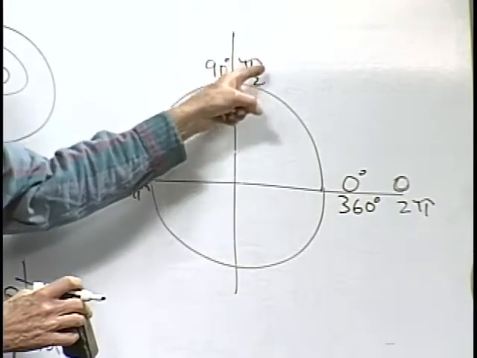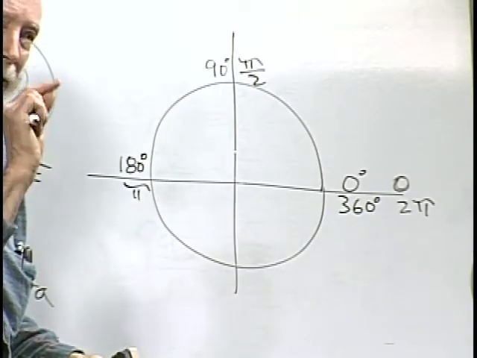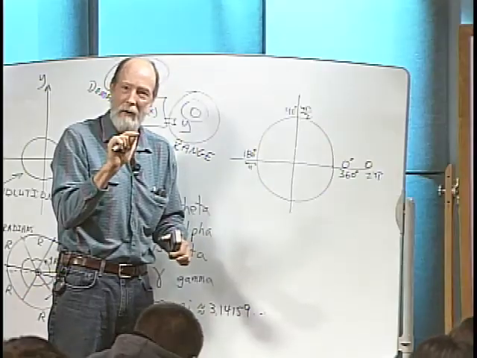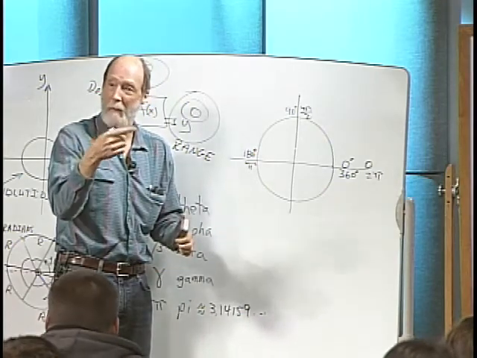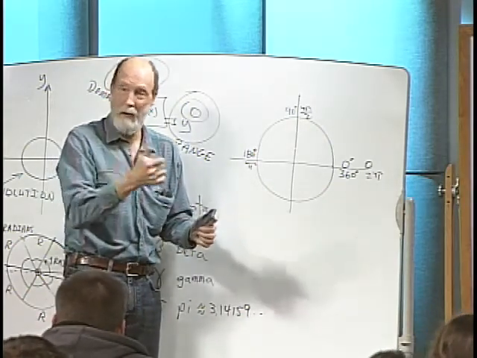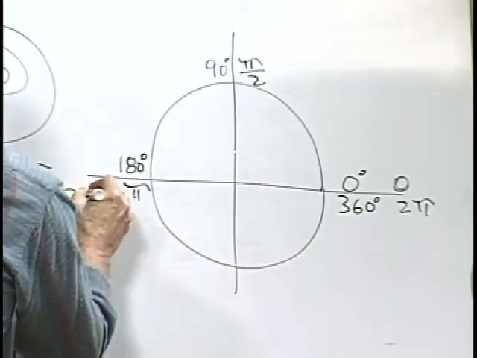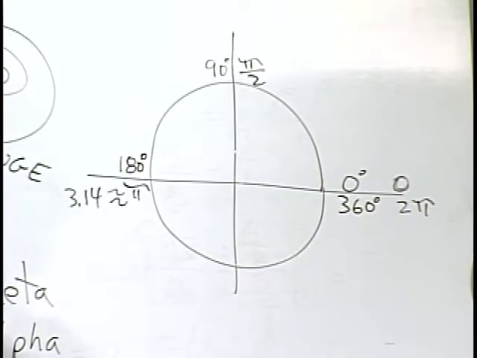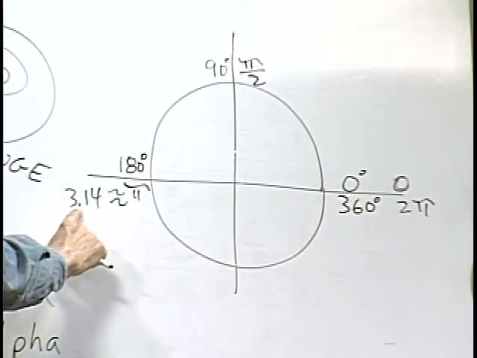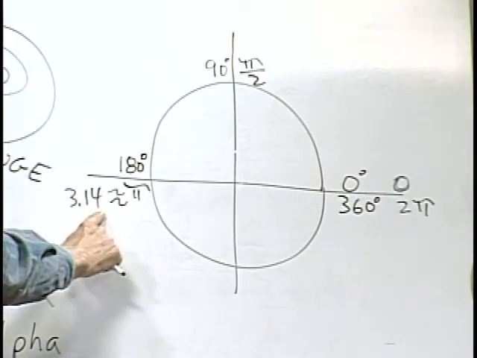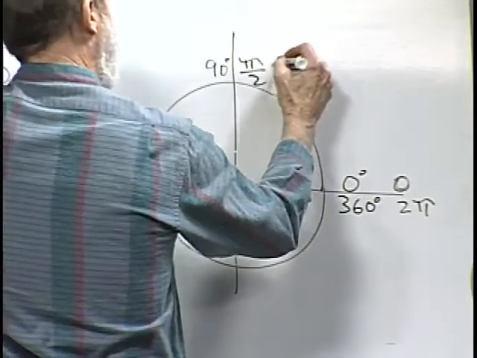Think about that number, pi over 2. A number a little bigger than 3 divided by 2 is a number a little bigger than 1.5, right? Now, pi is about 3.14. Mentally, take half of that: 1.5, and half of 14 hundredths is 0.07, so 1.57.